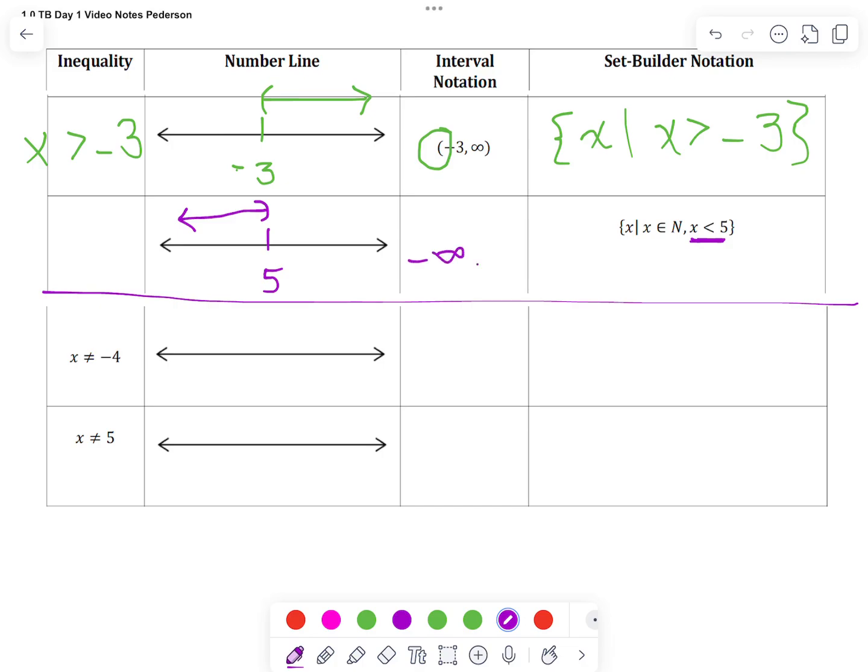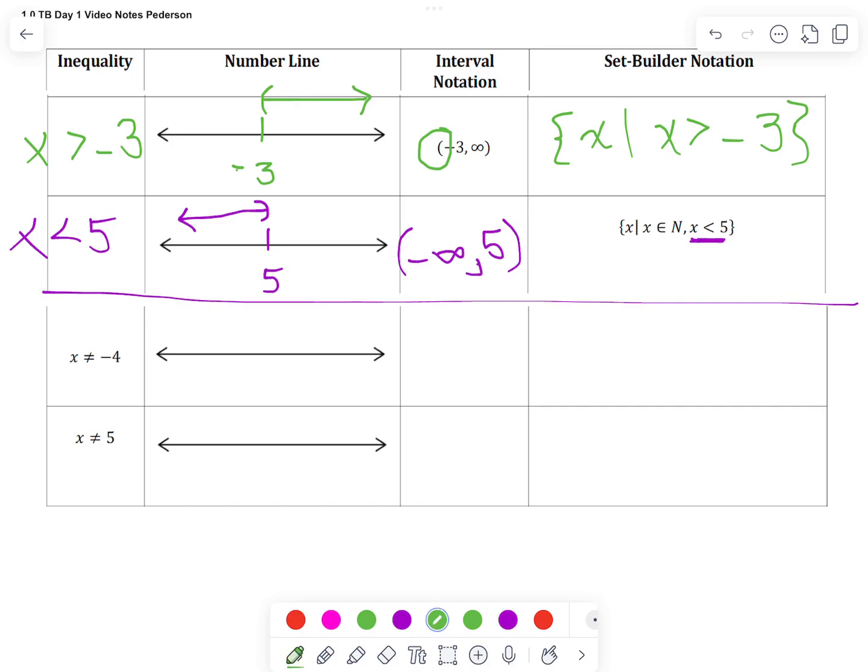So negative infinity to just before 5. So we say that this is then x less than 5.